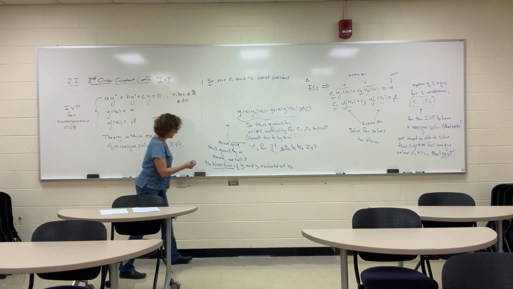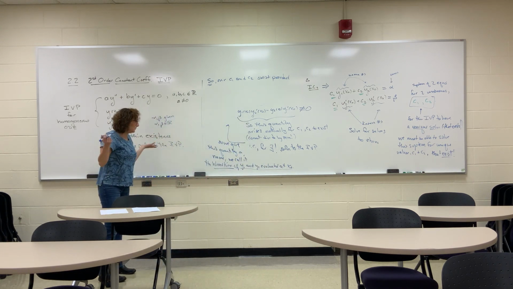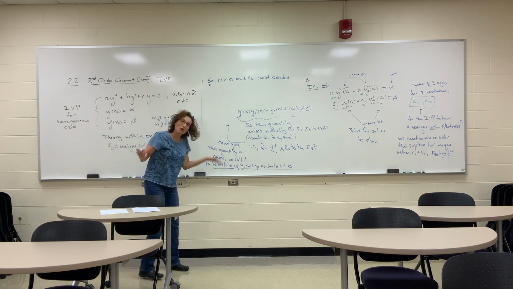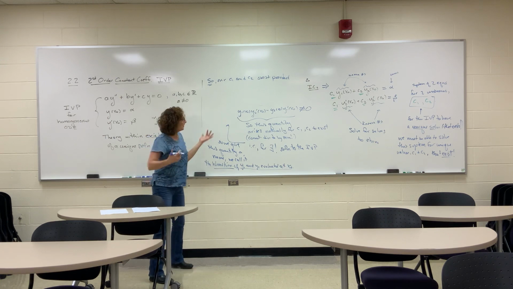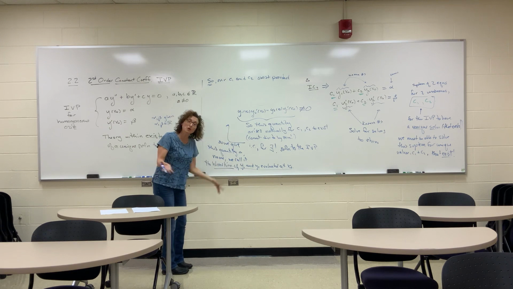That's a lot of words. The Wronskian of y1 and y2 evaluated at x0. Well, what do we do when we have some quantity that comes up all the time and that we like? We give it a name, but the name is long, so we invent some symbols that mean that.